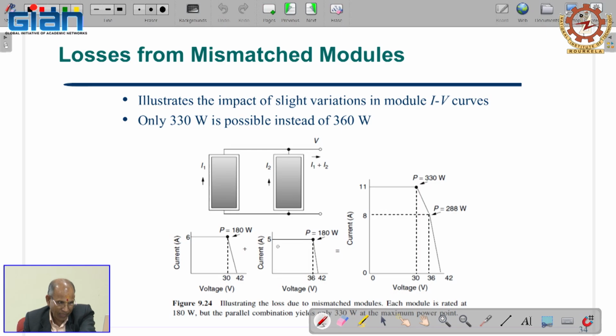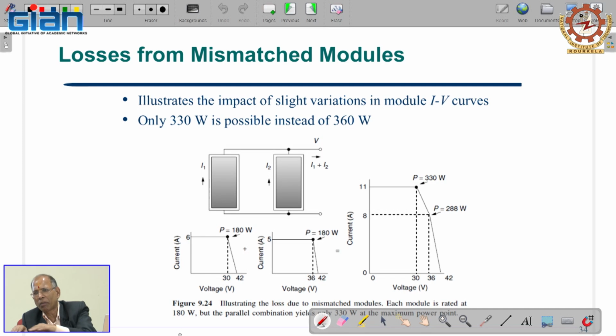So you can see that when you are matching, you not only match the power, but match the voltage and match the current. Then you will see that that is a proper matching.